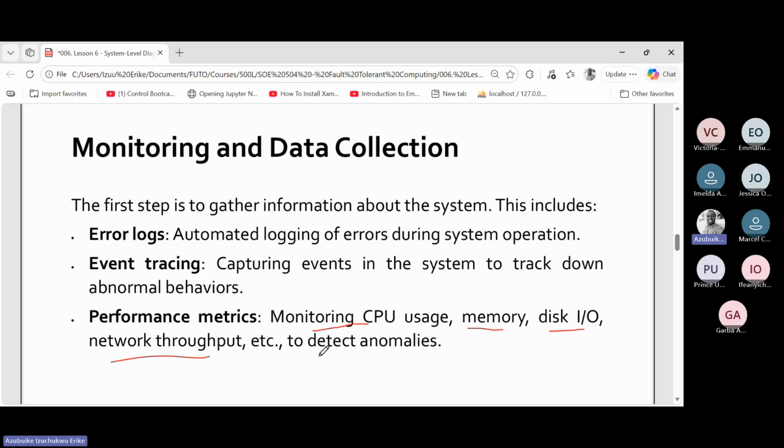You know, I used to tell you that the testing aspect of your system is not just that it works. Now, when you finish developing, let's say, a software system, and you put it into operation, you start monitoring the CPU usage, how the system is using the CPU. This could be a metric that you can use to trace when there is a fault in the system.